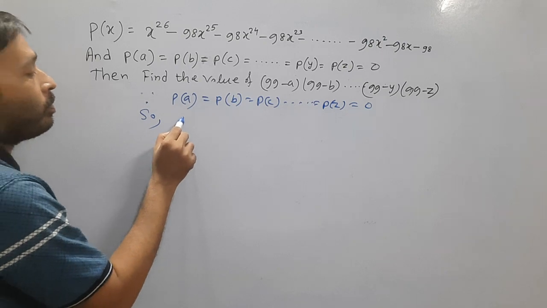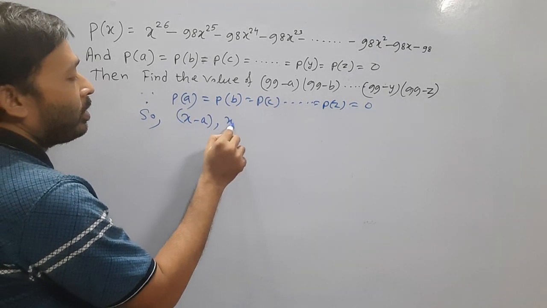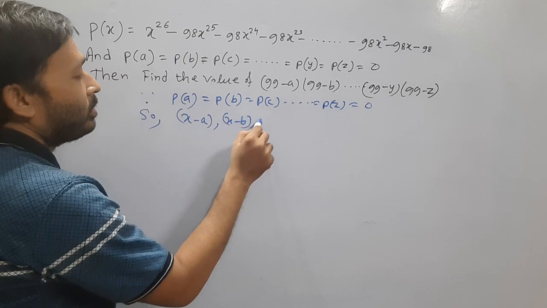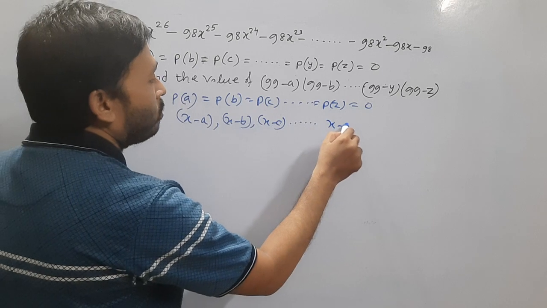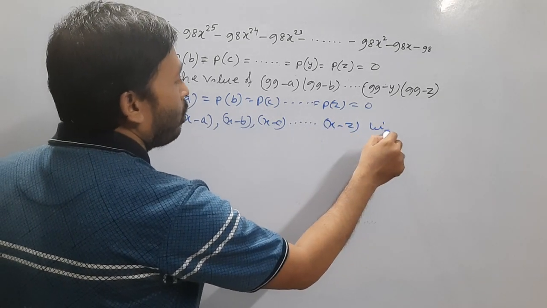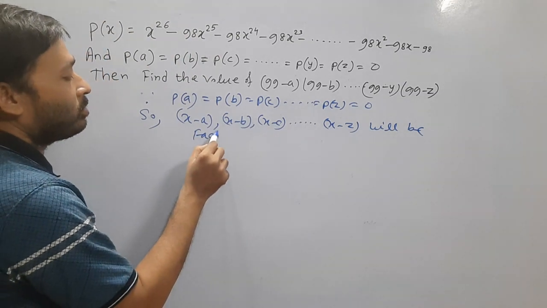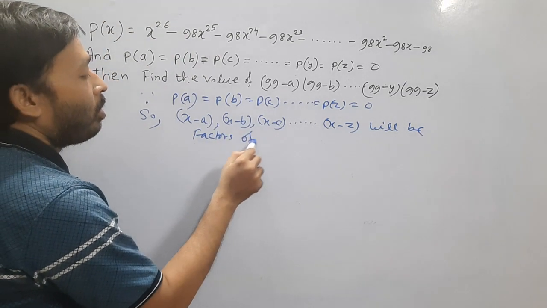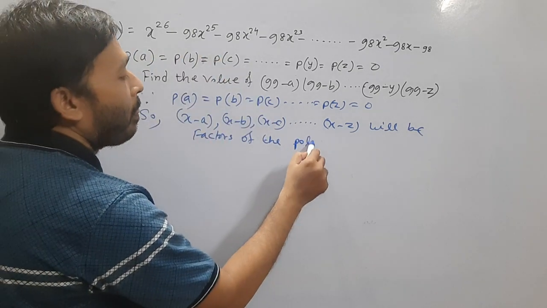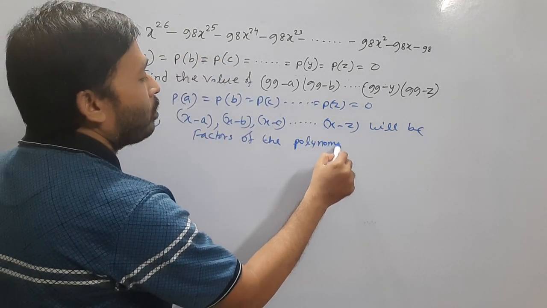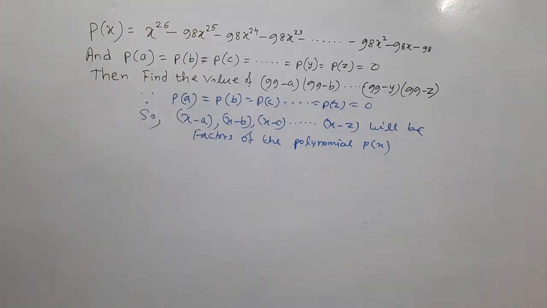So x minus a, x minus b, x minus c, and so on, also x minus z will be factors of the polynomial p of x. Clear?